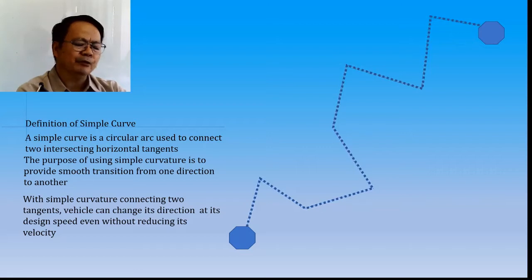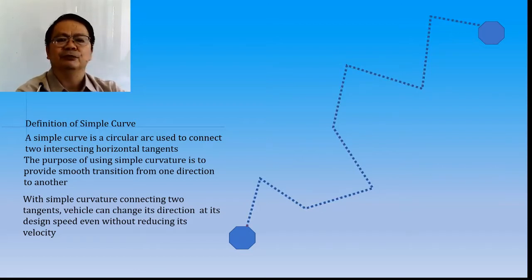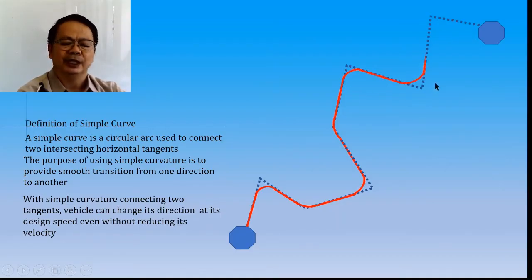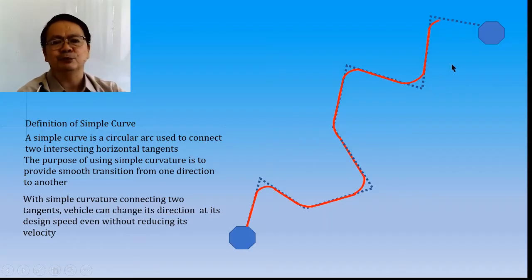Kumbaga, ang purpose niyan ay para to smoothen, kaysa sharp. As you would see here, nagkakaroon ng smooth transition from one direction to another. Okay? So that there is no stopping of the vehicle as it changes its direction from one tangent to another. And so there will be a smooth transition, and that's the purpose of a simple curvature.